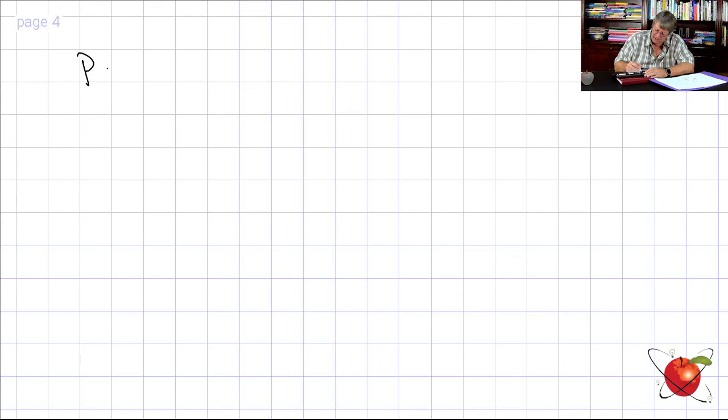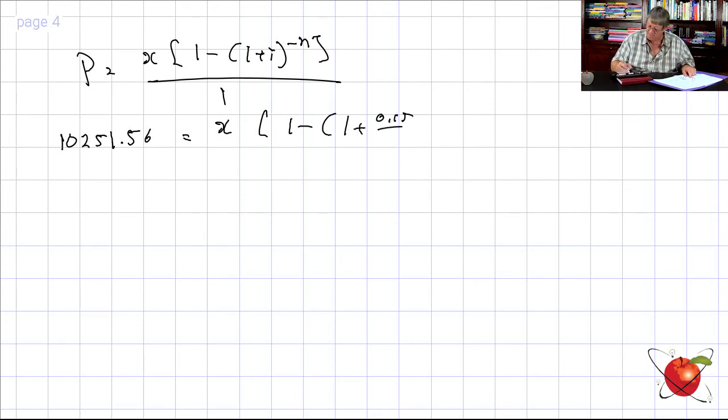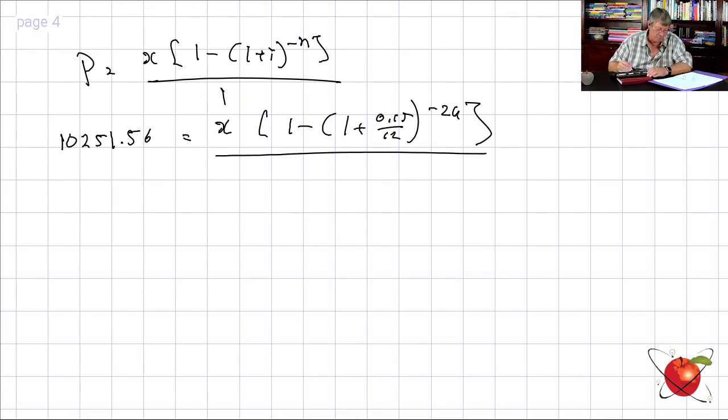Then I would say, right, P is equal to X times [1 minus (1 plus i) to the power minus n] all over i. P, in this case, is 10,251.56, equal to X times 1 minus (1 plus 0.15 over 12), to the power minus 24. That was the number of payments, 2 years, 12, 24 payments, all divided by 0.15 over 12.